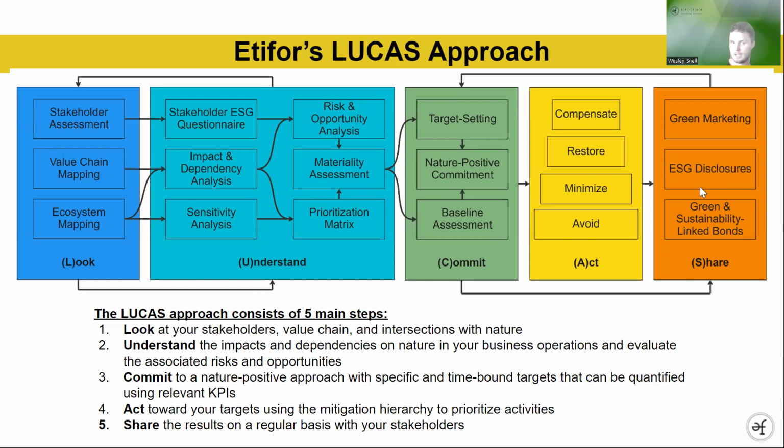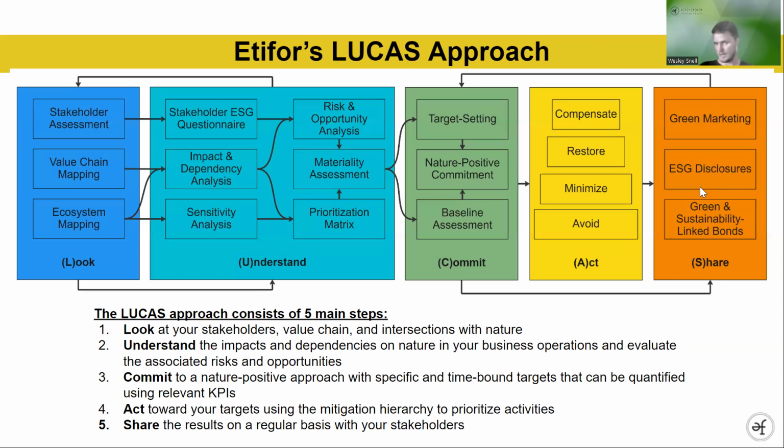So where are they located? Then you understand the impacts and dependencies on nature in your business operations, and you evaluate the associated risks and opportunities that you have for managing these impacts. This generates the materiality assessment. This is the assess and prioritize phase that I was describing earlier.